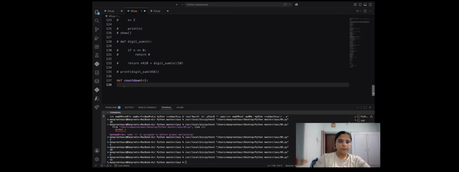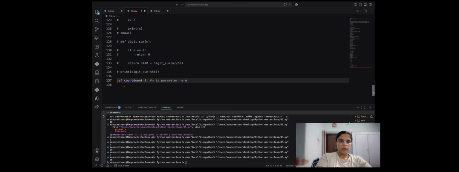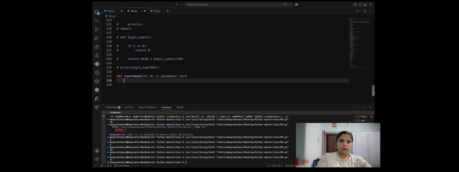What is n here? N is the parameter here.